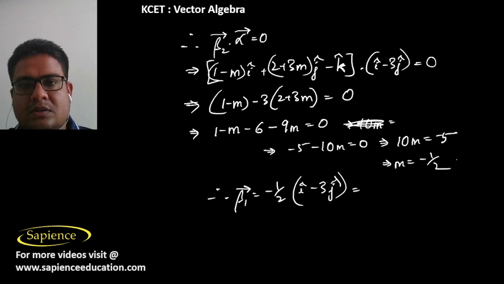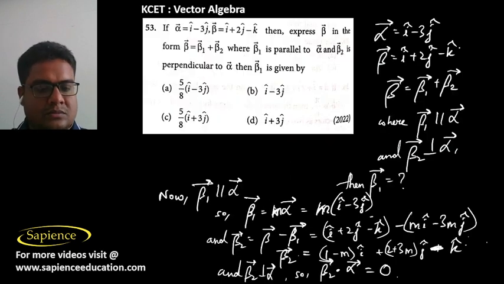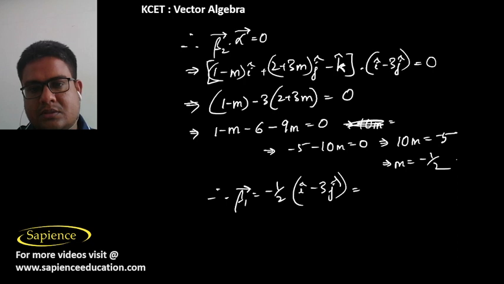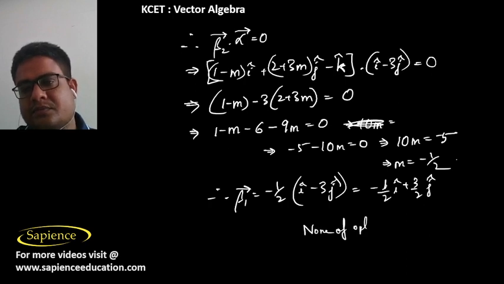So the answer is minus 1 by 2 I cap plus 3 by 2 j cap. So here also none of the options are correct. None of the options are correct.